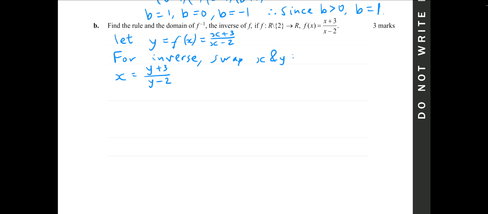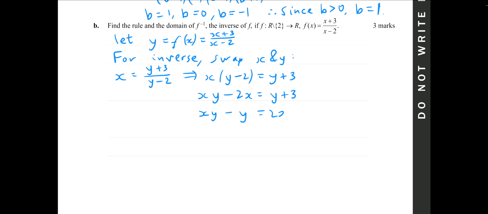So now what we'll have is x is equal to (y plus 3) over (y minus 2). And then we're going to solve for y. So this implies multiplying both sides by y minus 2, x bracket y minus 2 is equal to y plus 3, multiplying the left-hand side, xy minus 2x equals y plus 3. And remember, we want y by itself. So let's bring the y from the right to the left, and let's take the x from the left to the right.